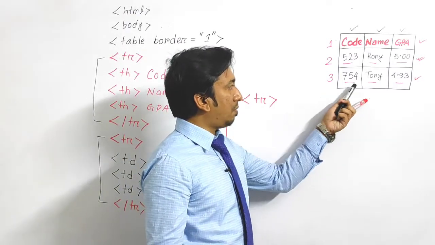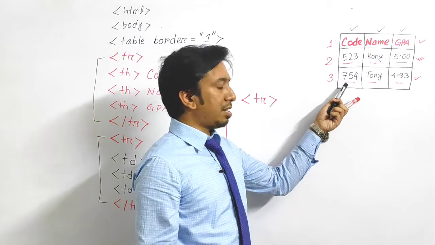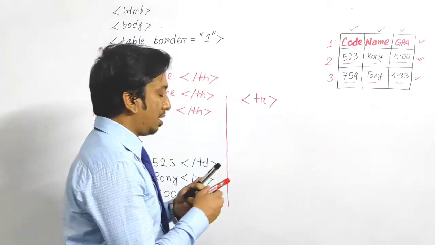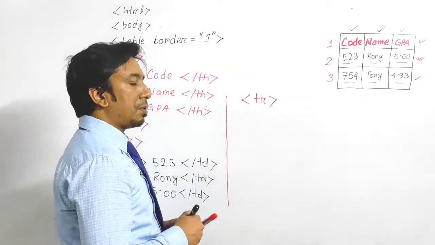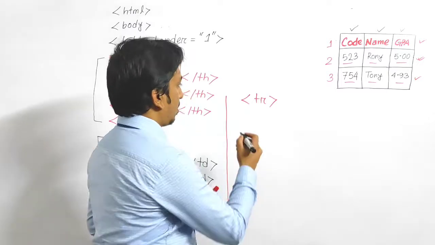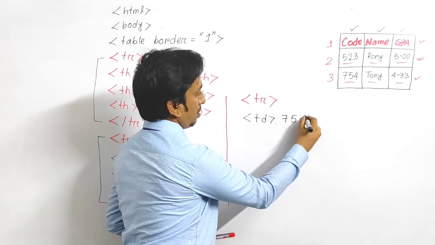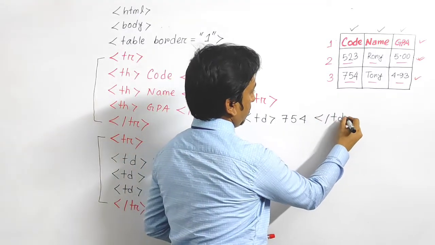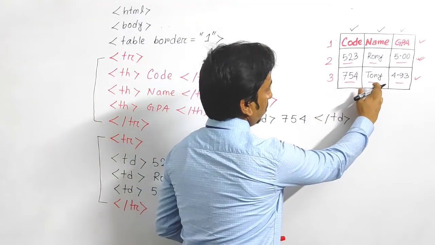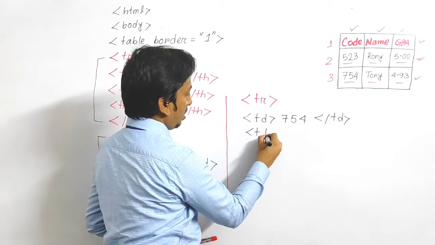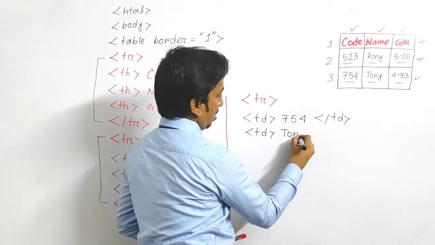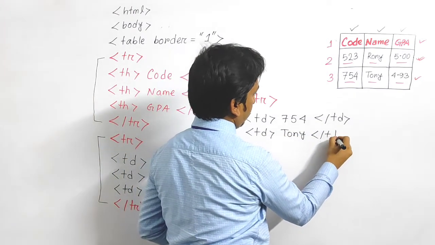after using table row, first one is data, right? 754 is data, then Tony also data, and 4.93 also data. So here write TD, then 754, TD close. First one is complete, then second one is TD, Tony, and finally TD close.